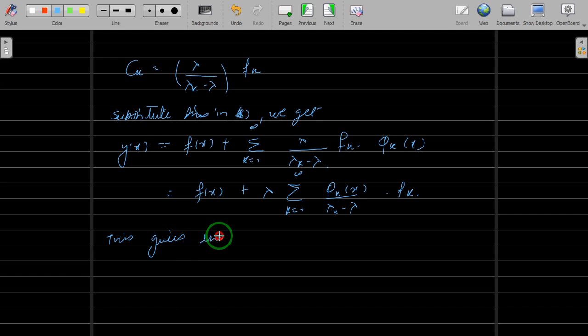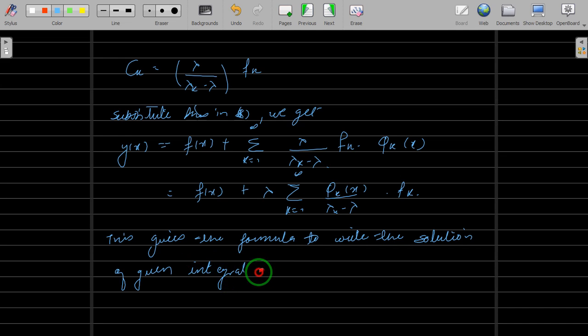So this gives the formula to write the solution of the given integral equation.